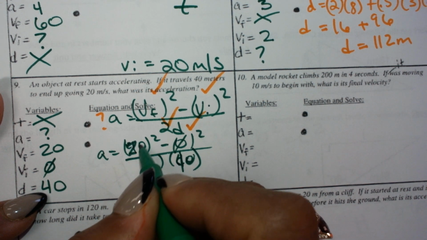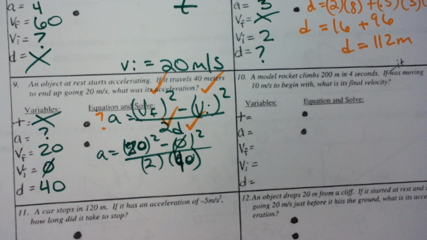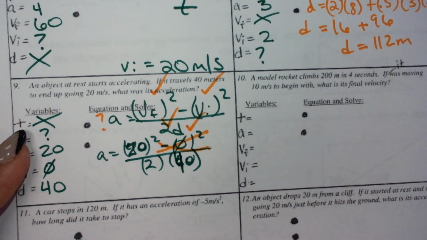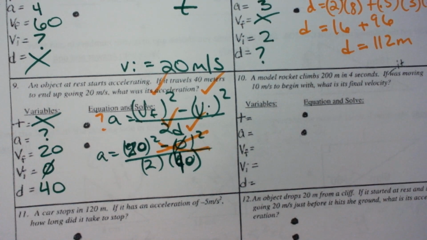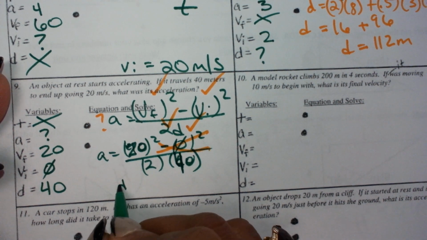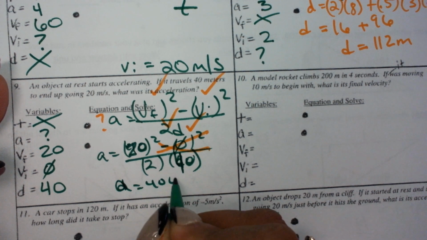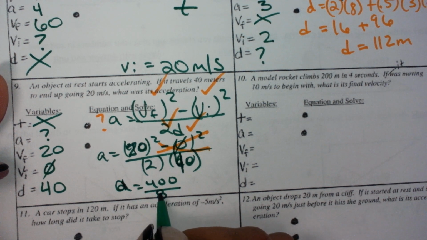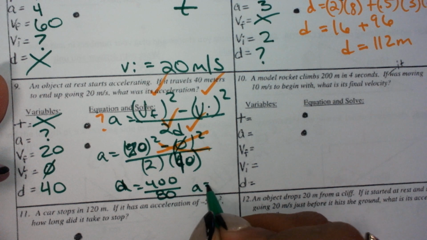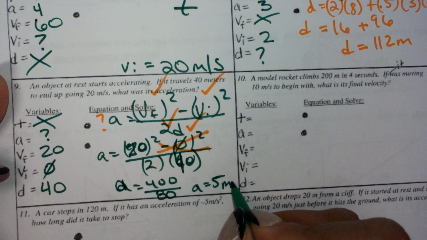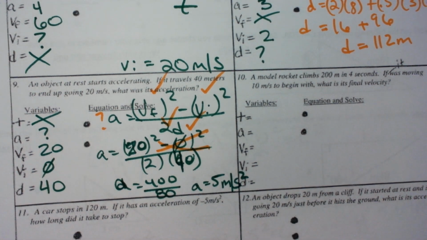So 0 squared, take away 0, get that out of there. 20 squared, how much is it? 400. A equals 400 over 80. 400 divided by 80 is 5 meters per second squared.